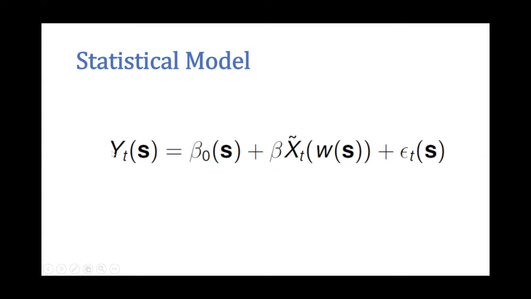So instead of matching the forecast X at s with the manifestation observation at s, we match the forecast X at w of s with the manifestation observation at s.